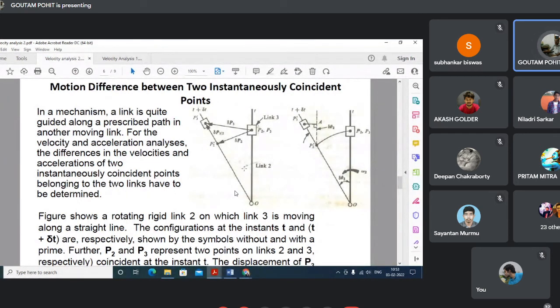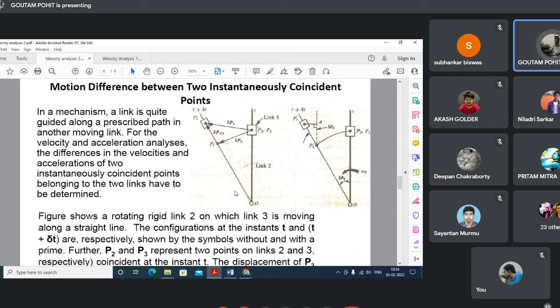That means link 2 has an angular motion, rotating about the fixed point O, and link 3 is moving along this direction with some linear velocity. At the instant t, this is the position, and we are assuming two coincident points P2 and P3 lying on link 2 and link 3.